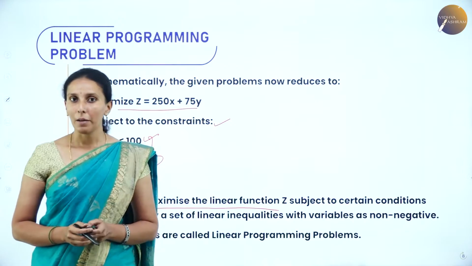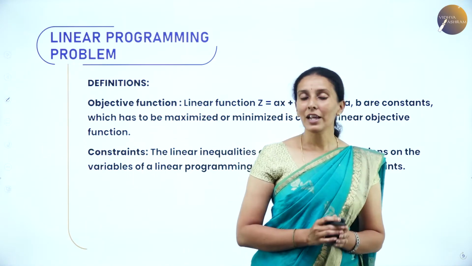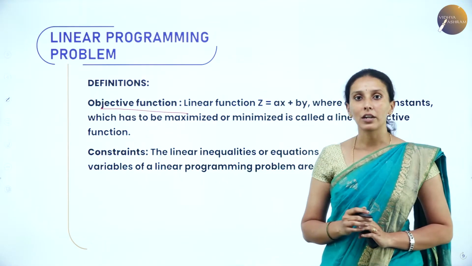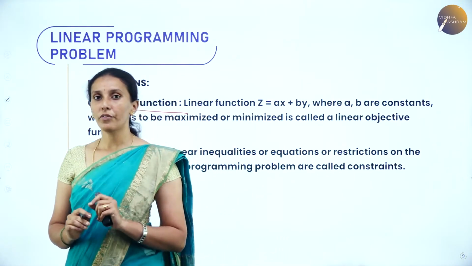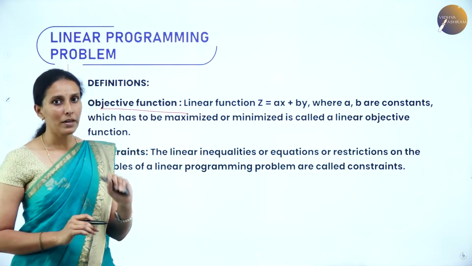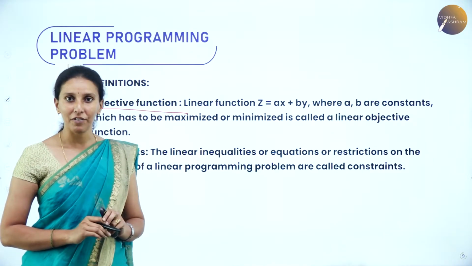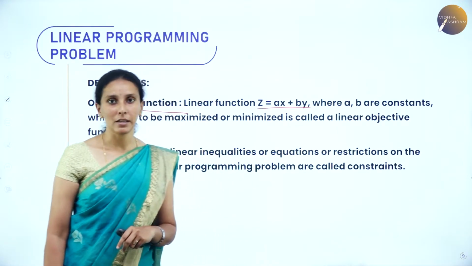In a linear programming problem, some definitions are very important. The very first one is the objective function. What is this objective function? The linear function z, whose maximum or minimum value you are going to find, is nothing but the objective function. Generally, we express z as ax plus by.